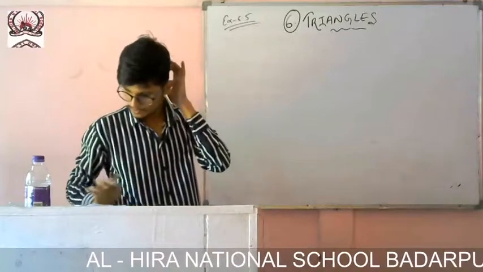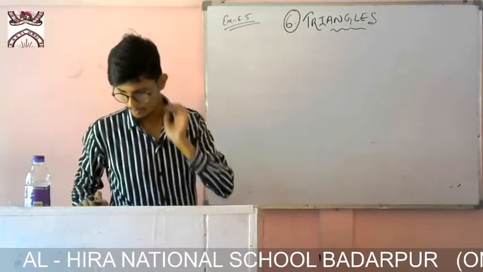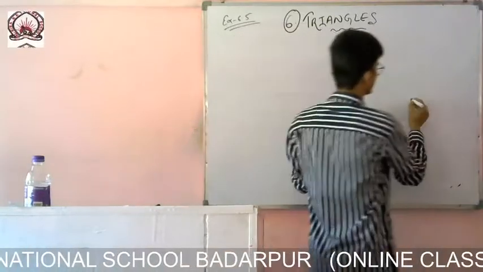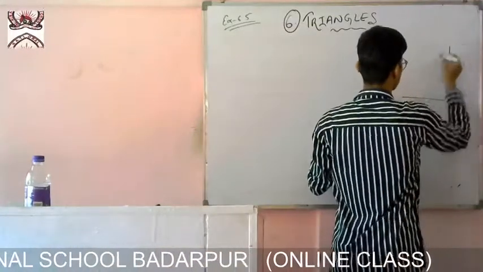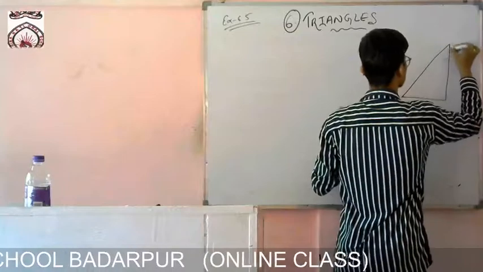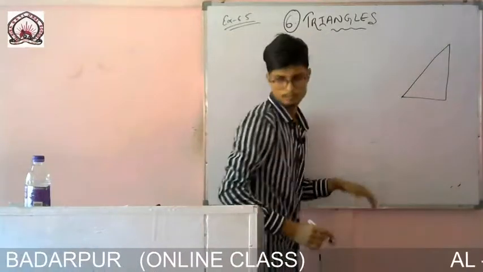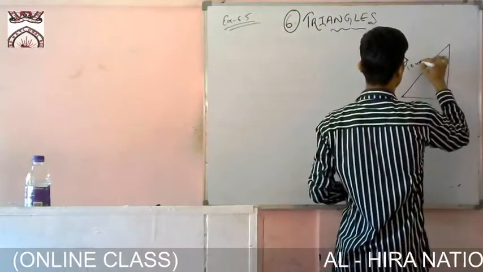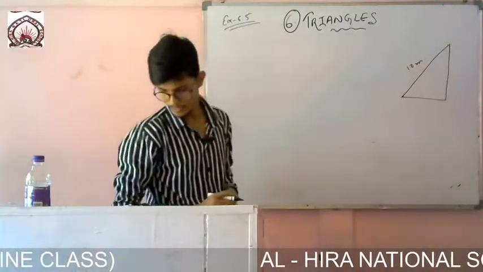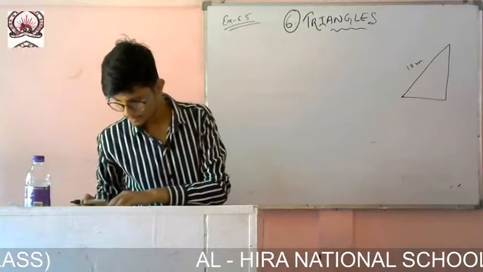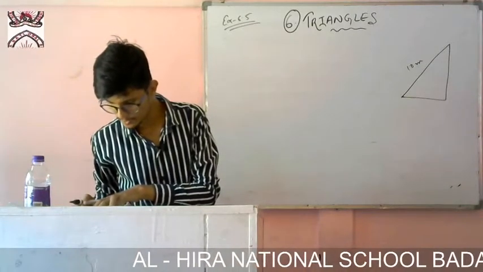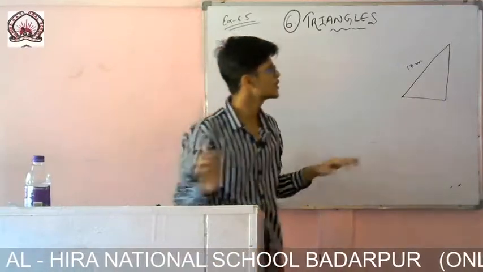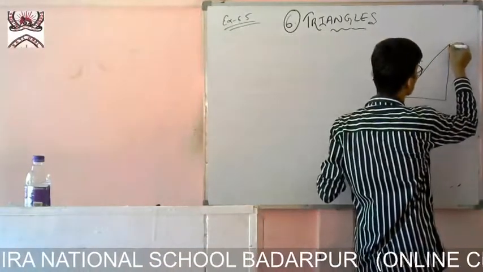It is given that a ladder 10 meter long reaches a window 8 meter above the ground. So if I draw like this, a ladder is there against a wall. What is the length of the ladder given? 10 meter. Find the distance of the foot of the ladder from the base of the wall.